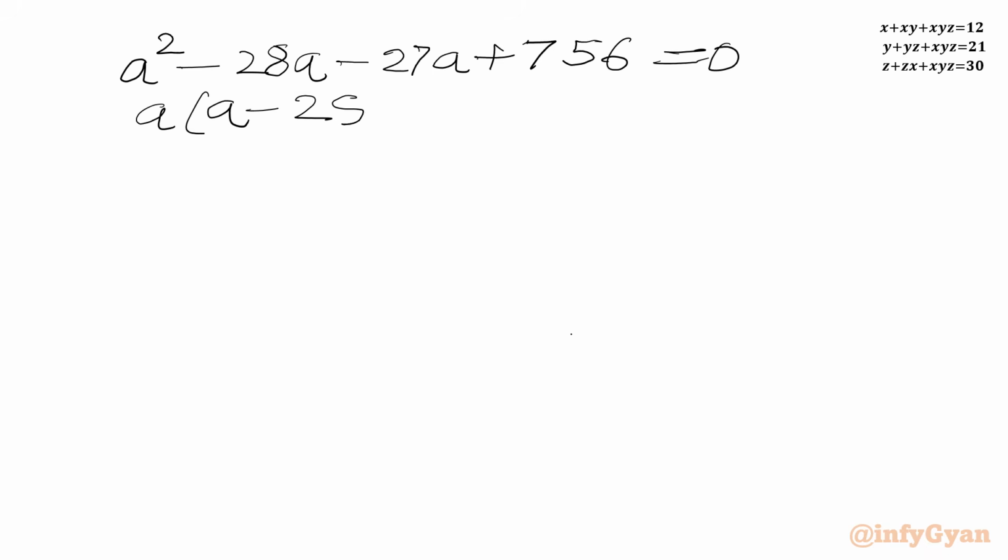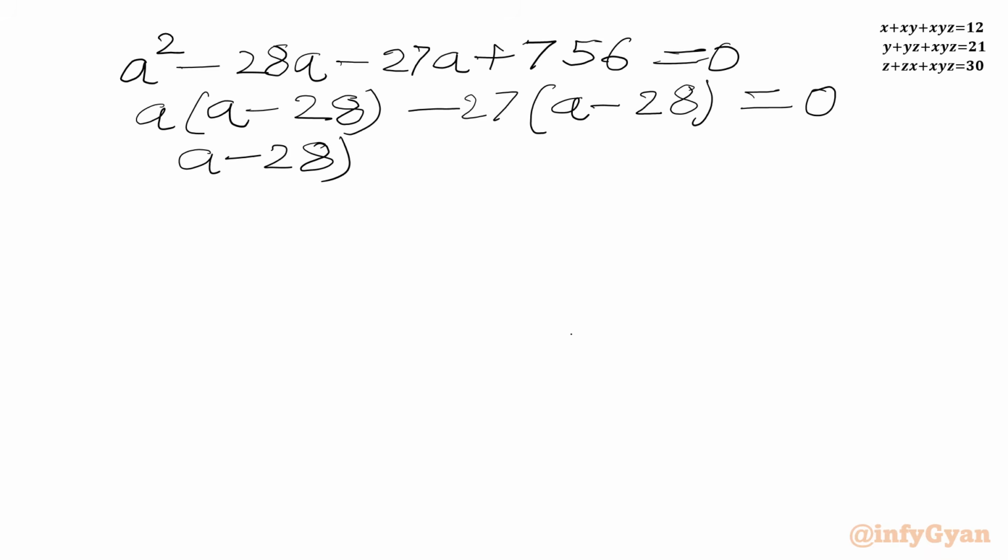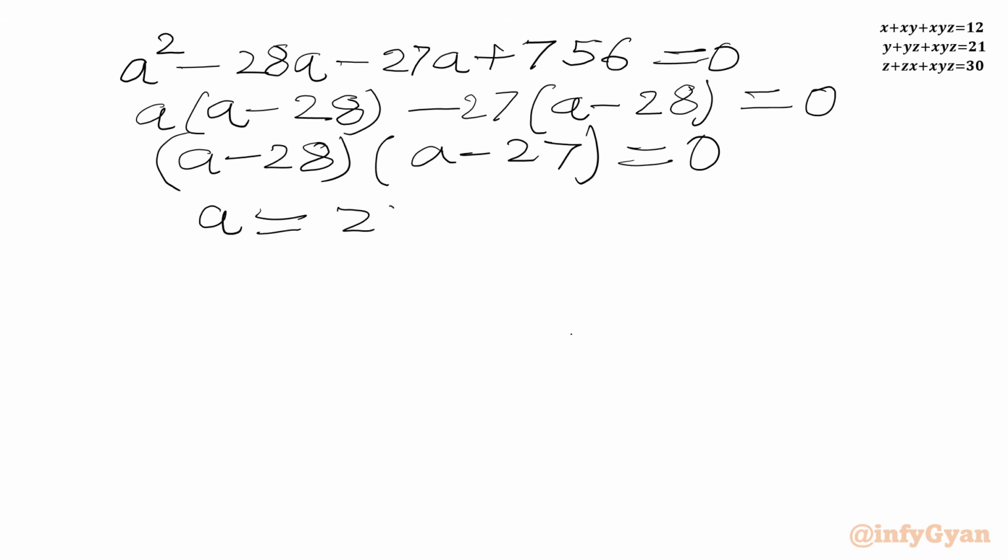We'll write a minus 28 in the bracket. From the next two, minus 27 is common. We'll get a minus 28 once again, equal to 0. Now a minus 28 is overall common. So in the other bracket, we can write a minus 27 equal to 0. Using the product 0 rule, we are going to get a equal to 27, a equal to 28.